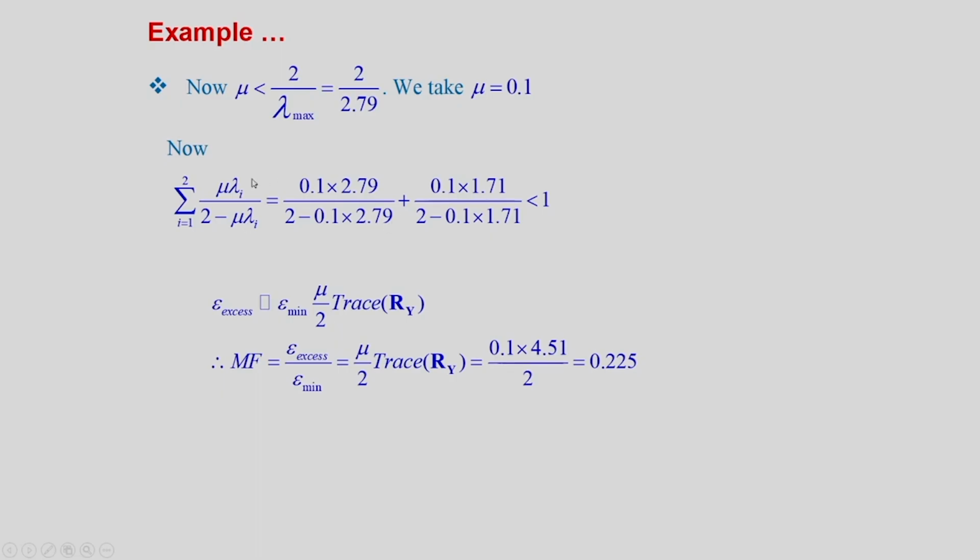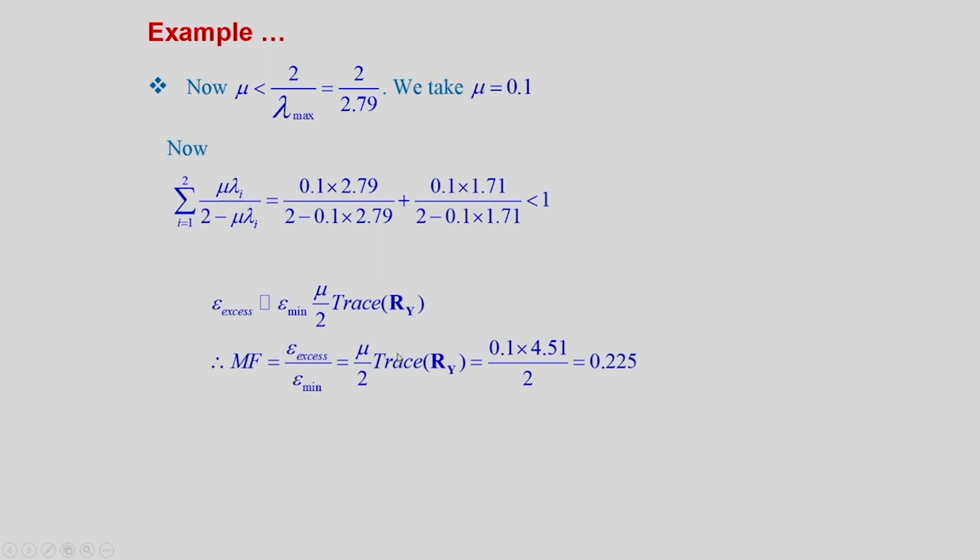Similarly, for lambda 2, which is 1.71, it is 0.1 into 1.71 divided by 2 minus 0.1 into 1.71. This factor is less than 1. Therefore, our choice of mu is right.